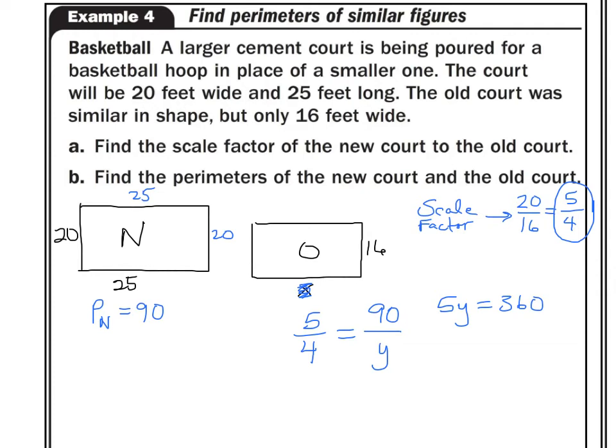And now to solve for y, if I divide by 5, y is going to be 72. This is the perimeter of the old court, 72 feet.